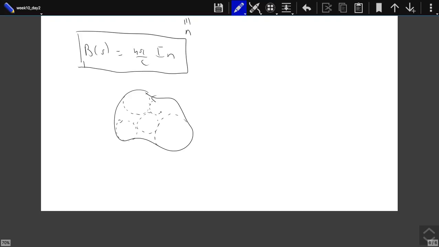I can fill this region with cylindrical solenoids, with circular cross-section. Well, of course, these solenoids have some currents running also inside my region where there is no current.